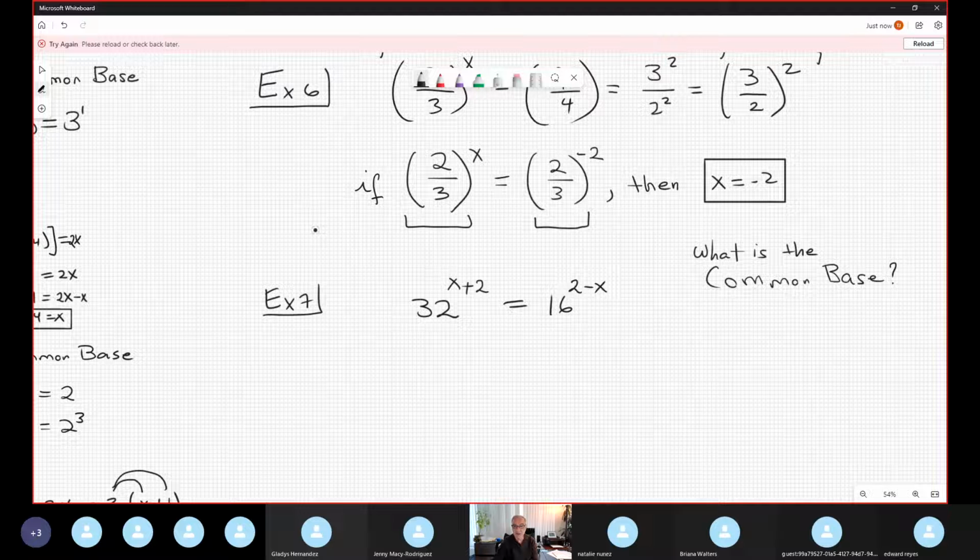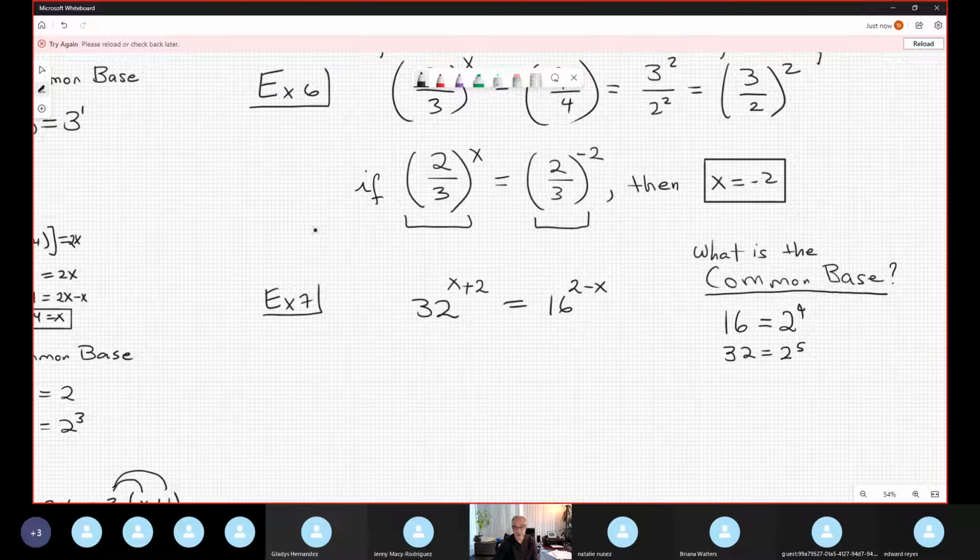Okay, so let's try with the common base 2. You can express 16 as 2 to the 4th power, and 32 is 2 to the 5th power, because 2 times 2 times 2 times 2 times 2, five times, is 32. Okay, I discovered the common base.